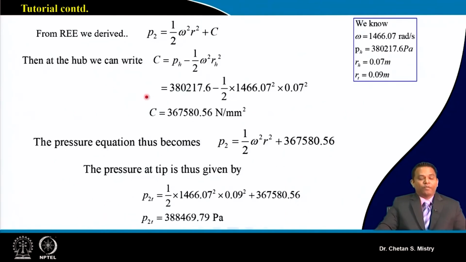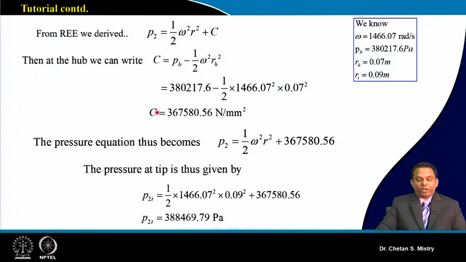We have our radial equilibrium equation, and from there we have calculated our static pressure, which is given by half rho omega square into r square plus c. Since our static pressure at the hub is known to us, my radius is known, and my angular speed is known, we can calculate our constant c.